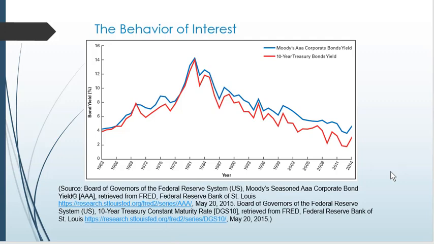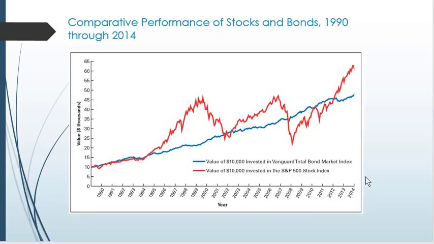As you can see, they follow very closely with each other, but typically, with the exception of maybe one example down here back in the early 1970s, the AAA corporate bonds are going to have a higher yield than government bonds.